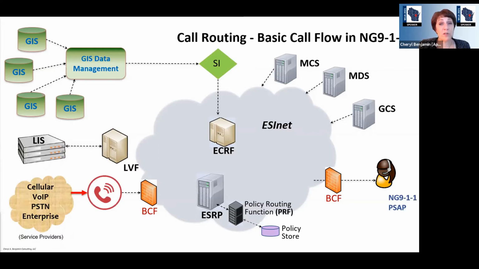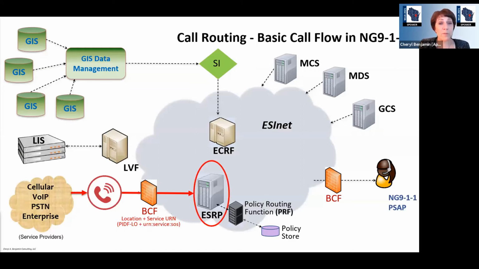And it's going to request an SOS service, and it's going to send it through the border control function into the ESInet. Now that SOS service, you see the little URN service.sos, that's called the Uniform Resource Name. And it's a service request that's going to mark that call as a 911 emergency call as it runs through the IP network.